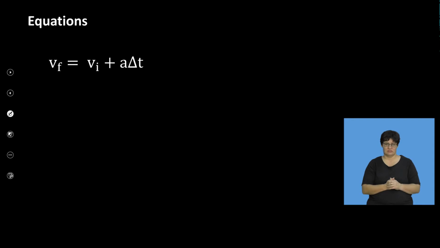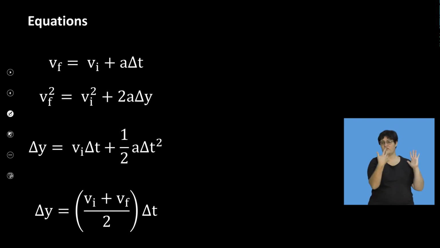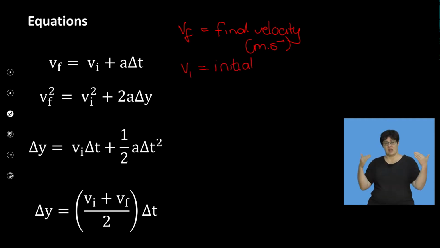Then we get to the equations. You've seen all of these before. Vf is final velocity, measured in meters per second. Vi is initial velocity, also meters per second.